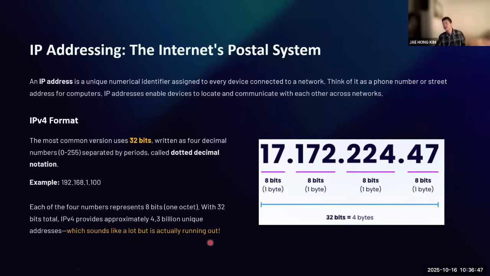These have approximately 4.3 billion unique addresses. It looks like a lot, but it's running out because globally we have a lot of public IP addresses that need to be assigned. So now it is almost running out. That's why we need another option for sustainable use of IP addresses.